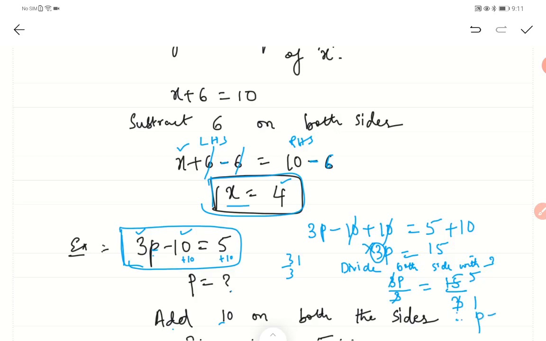Therefore p is equal to 5. Okay, so we have solved the equation very easily, isn't it? This is how you need to think and try to remove the numbers on the left hand side and get the variable only. And then you can easily get the value for p.